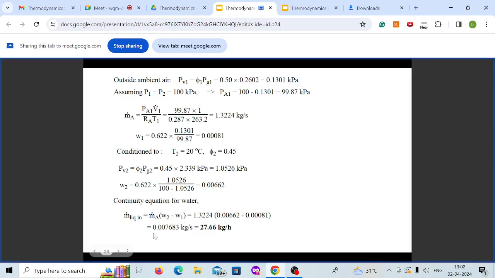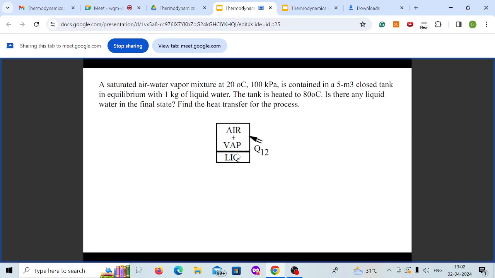This will give you 0.007683 kg per second, or 27.66 kg per hour. This is the amount of liquid we have to add to the incoming air to bring it to a relative humidity of 45% at 20 degrees Celsius.